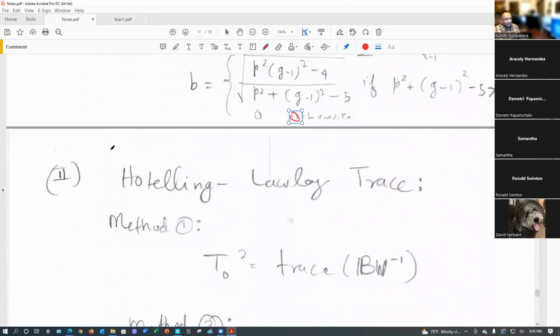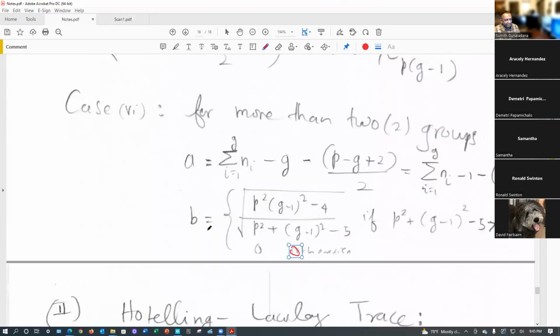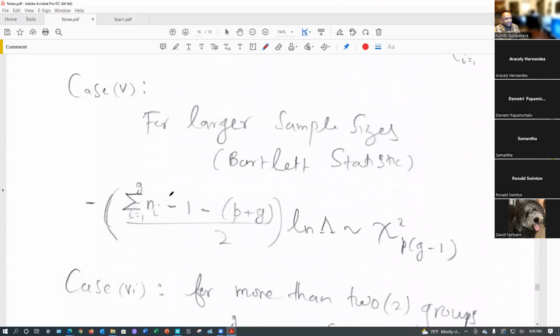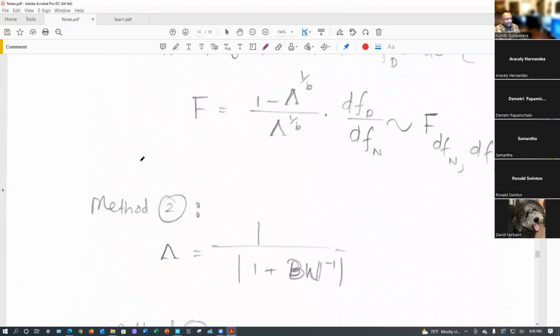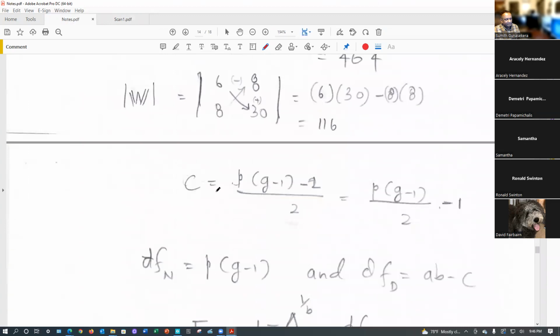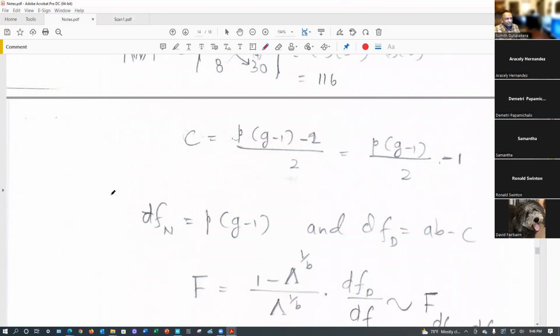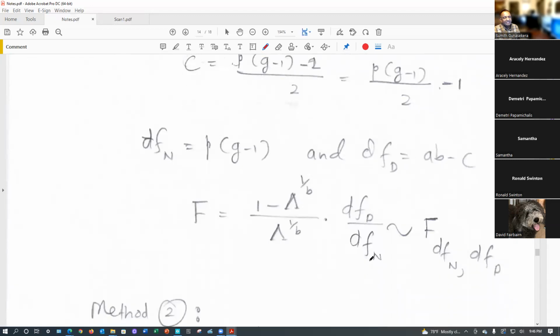Before we come to the Hotelling's, we're not there yet. This is C, for more than 2 groups for the Wilks lambda. Then your degrees of freedom of the numerator is P times G minus 1, and degrees of freedom of the denominator is AB minus C. This is how they are related: 1 minus lambda to the power of 1 over B. The B you already calculated.